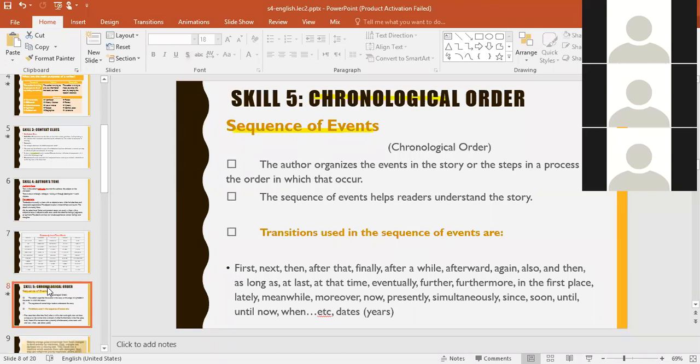These are the events that I do every day in order, one after the other. I cannot say I wear my uniform, then I wake up, because this is not in order. So chronological order or sequence of events is very important in order to write the events in the correct sequence from the beginning to the end.